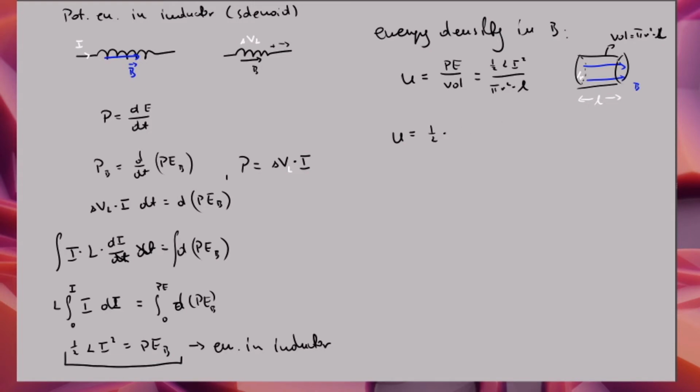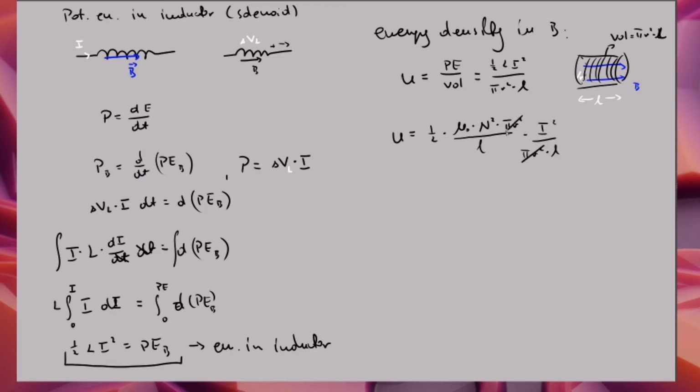Well, that would be the inductance of a solenoid, and probably add loops. The inductance of a solenoid, let me look this up because I don't remember that expression. It's mu naught times n squared, the number of loops, times the area of an individual loop, which is pi r squared, over the length of the solenoid, that was L, the inductance. Then I have times I squared divided by pi r squared times l.